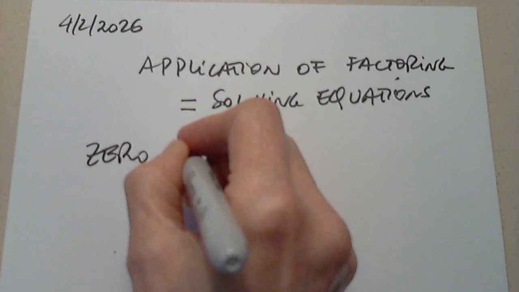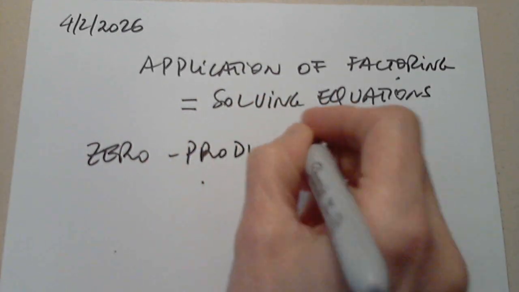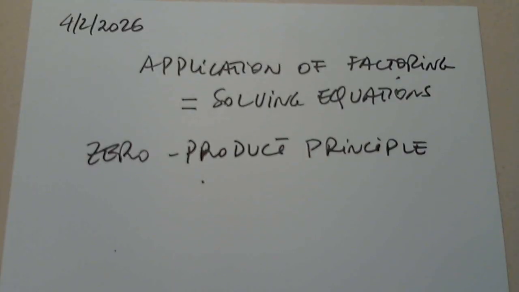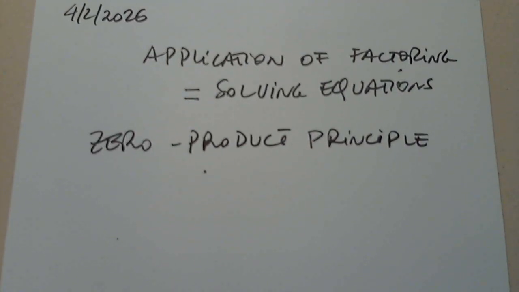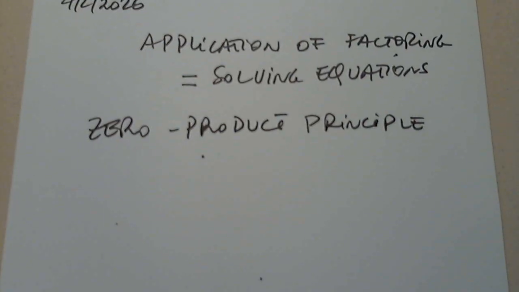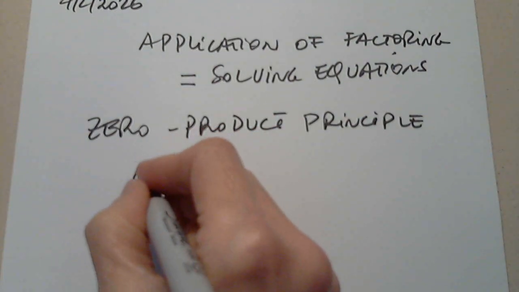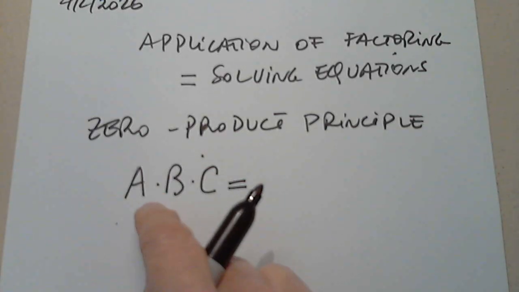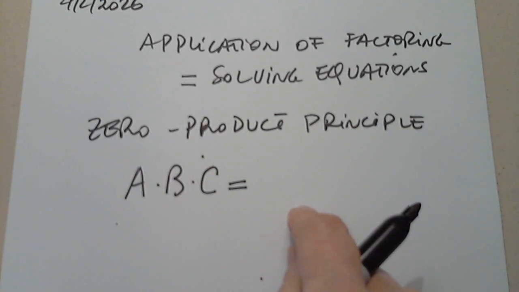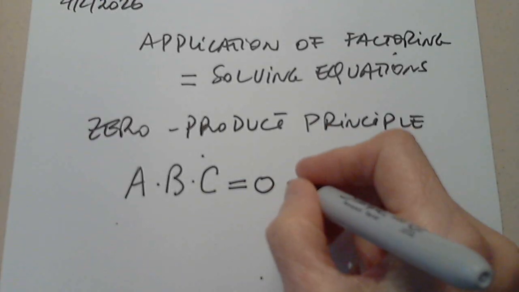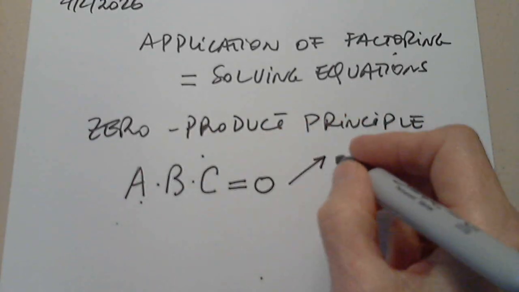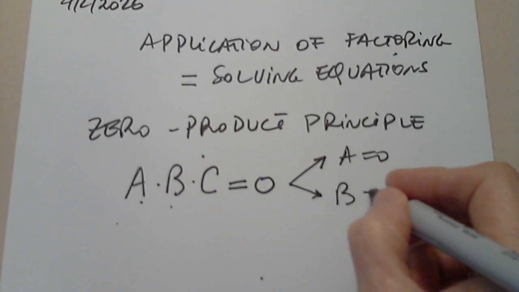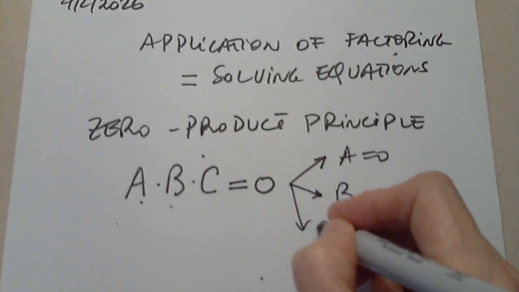Zero product principle. What is the zero product principle all about? The zero product principle says that if I have any number of factors, as many as you want, a product of any number of factors set equal to 0, this implies either the first factor is 0, or the second factor is 0, or the third factor is 0.